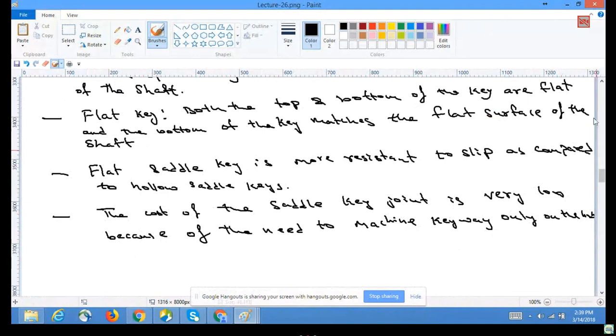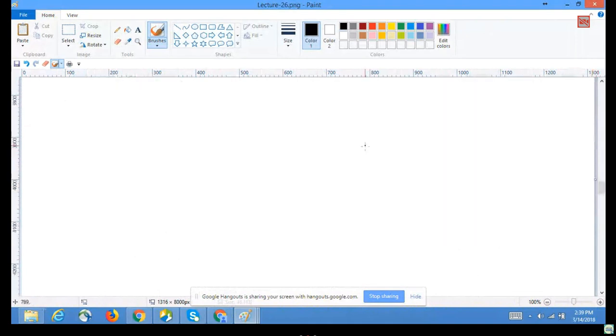The second type is sunk keys. So in the sunk keys, that's shown like this.